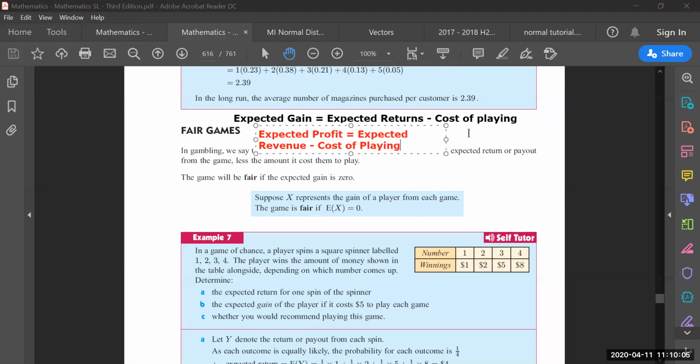I think you can relate to this more because you're an economics student, right? So we can just take it as this: expected profit equals to expected revenue minus cost of playing.